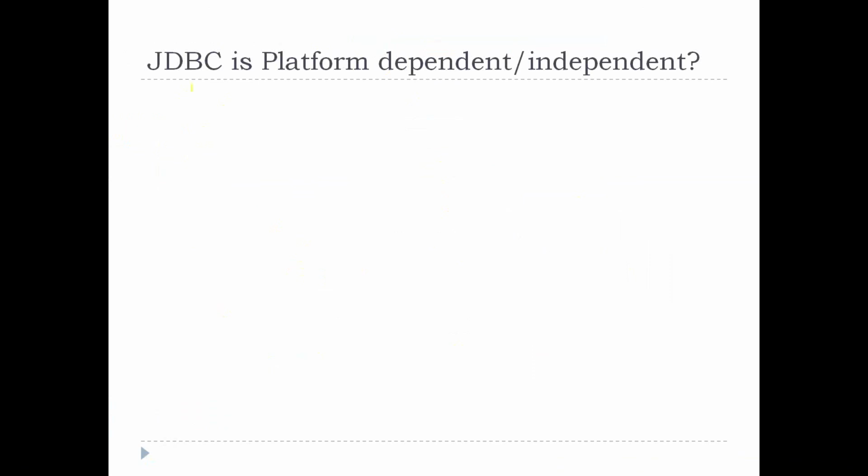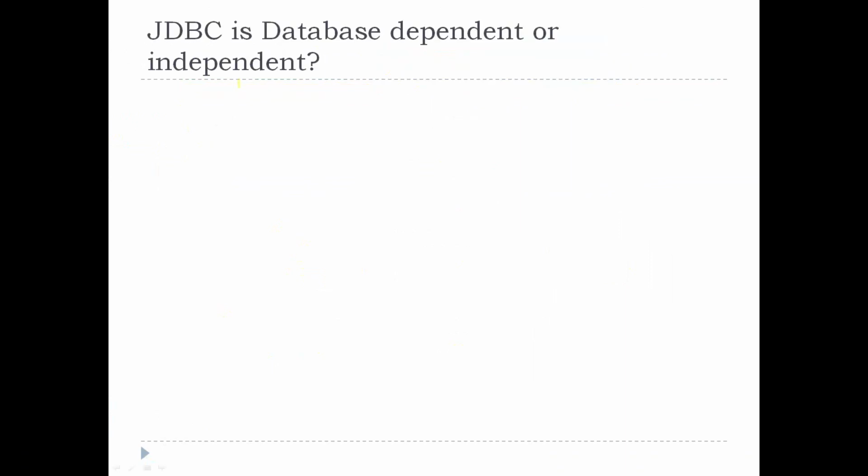Sorry, this was the question: is JDBC platform dependent or independent? The answer is that it is platform independent. Now the question comes: is JDBC database dependent or independent? See, JDBC is not something unique. JDBC is, in short, a Java program, and a Java program can never be platform dependent.